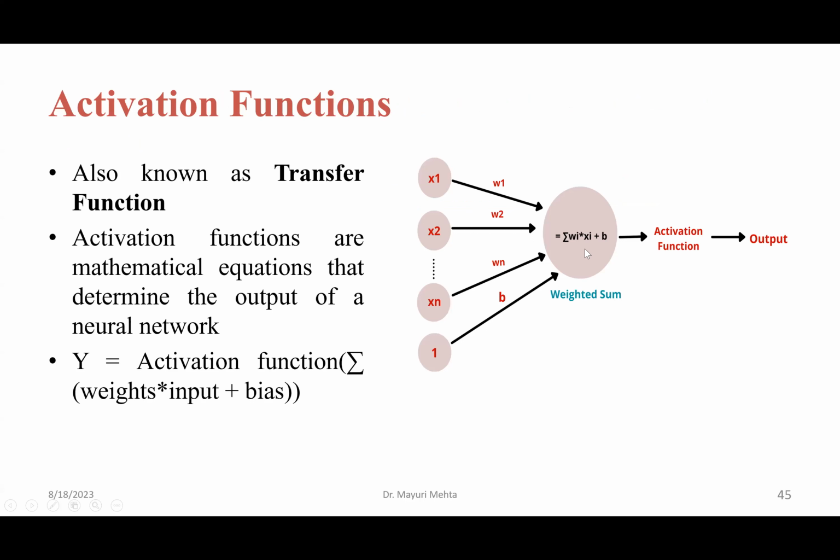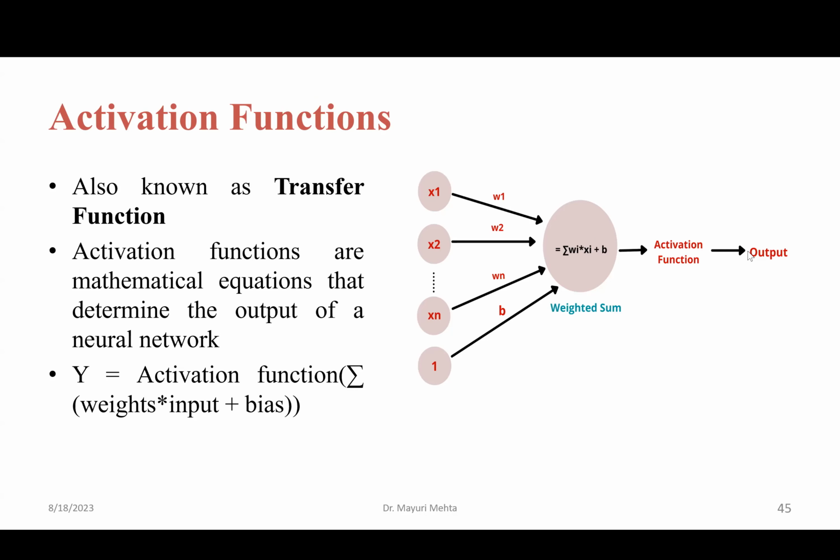In this figure, the weighted sum is passed to that function to determine whether to activate or deactivate this neuron, and then you get the output. So this is the basic idea about the activation function.